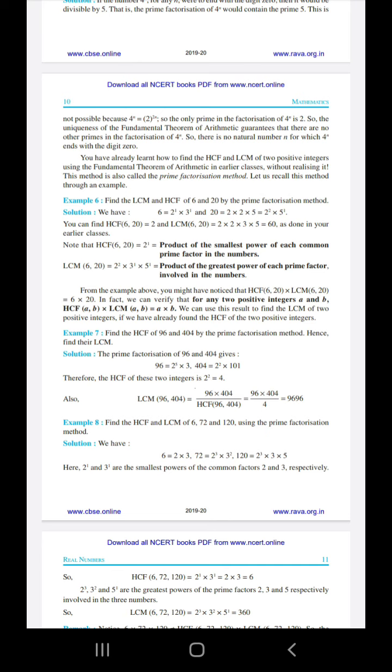LCM and HCF. Yeah, dear children, in lower classes you've already studied how to find LCM and HCF. Now, using prime factorization, there is one more method we are going to study here. First, let me explain the method.